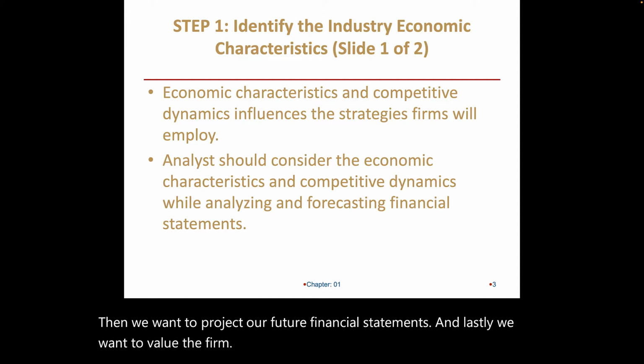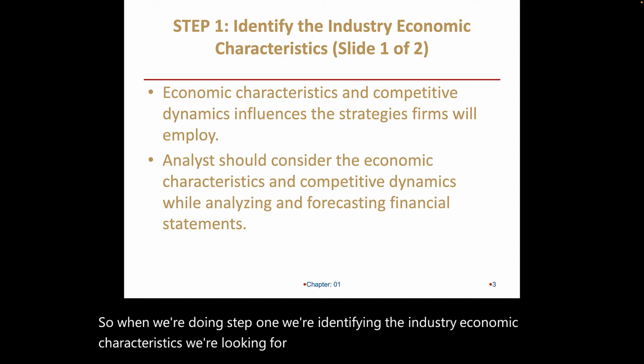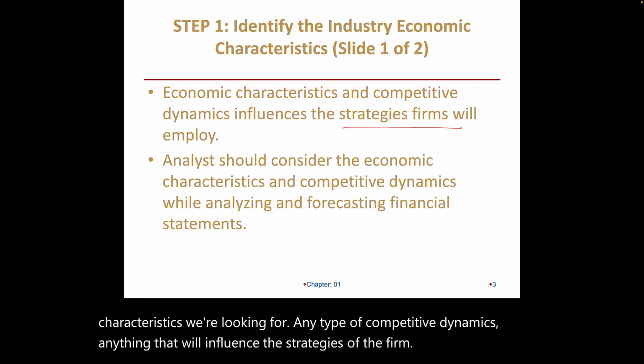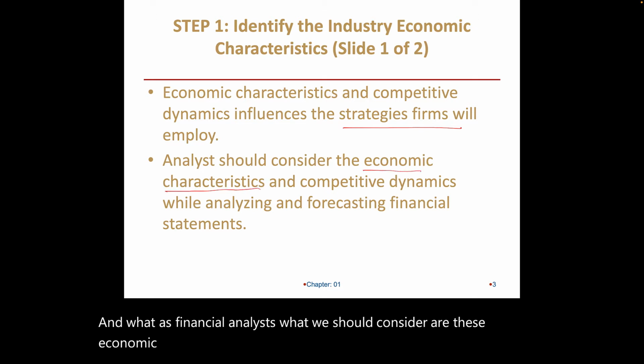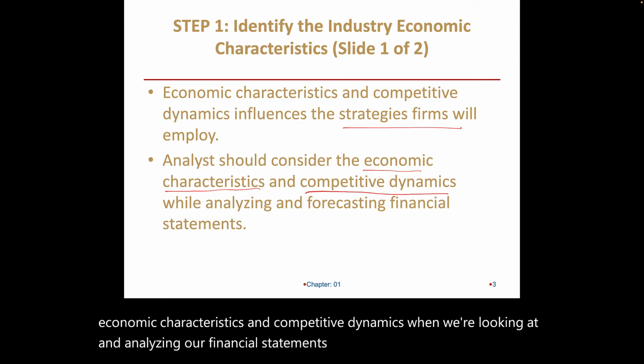So when we're doing step 1, where we're identifying the industry economic characteristics, we're looking for any type of competitive dynamics, anything that will influence the strategies of the firm. As financial analysts, we should consider these economic characteristics and competitive dynamics when we're analyzing our financial statements to produce forecasted financial statements.